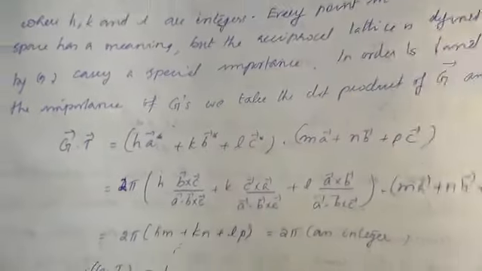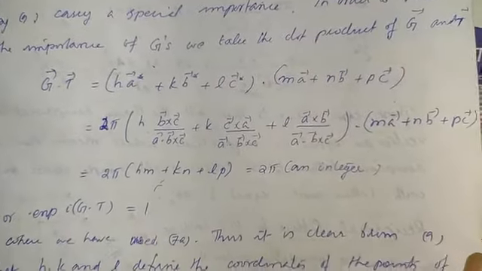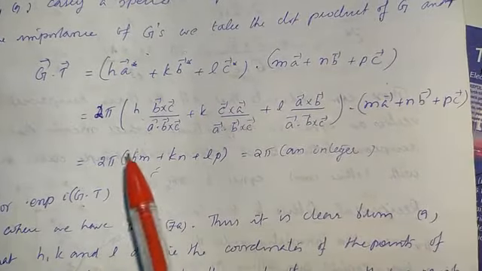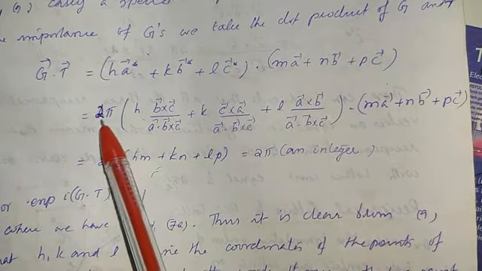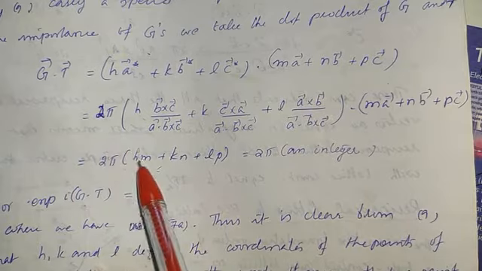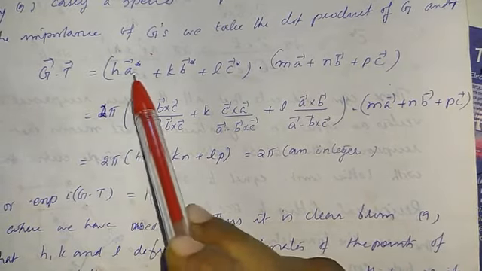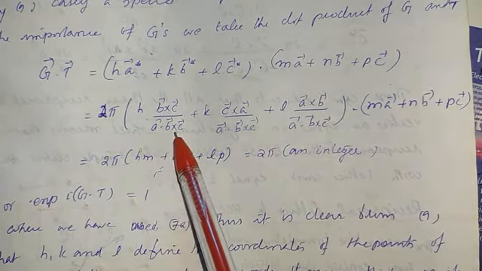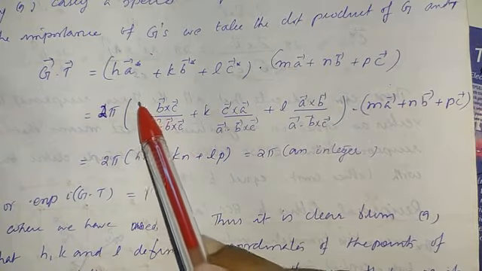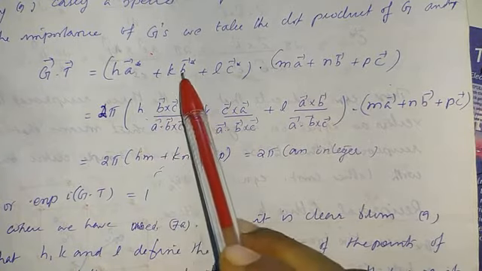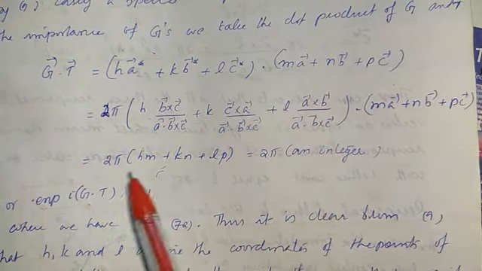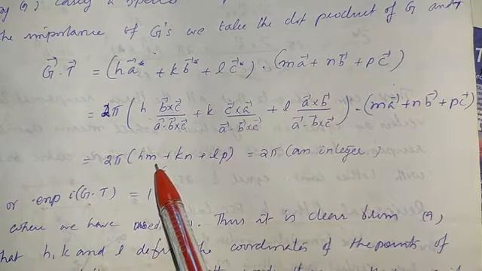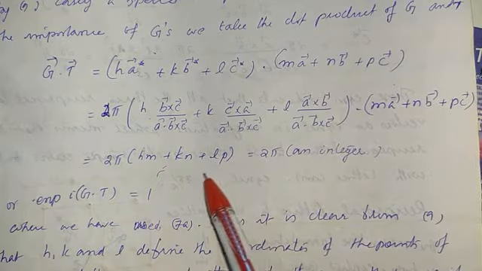If we take the dot product of these two vectors, using the relation which includes 2 pi, where A star is 2 pi times B cross C by A dot B cross C, with coefficient H here, and similarly K and L for the other vectors, we end up with 2 pi times HM plus KN plus LP.